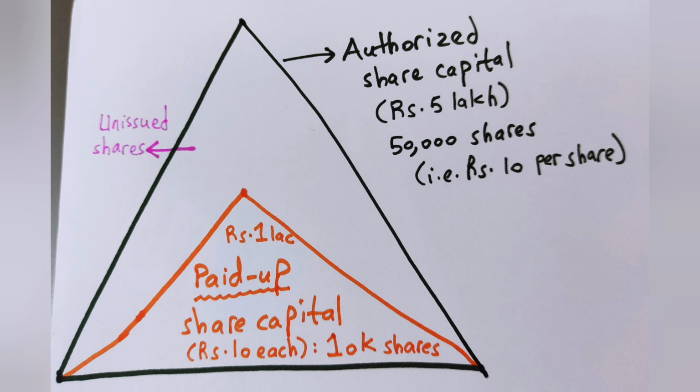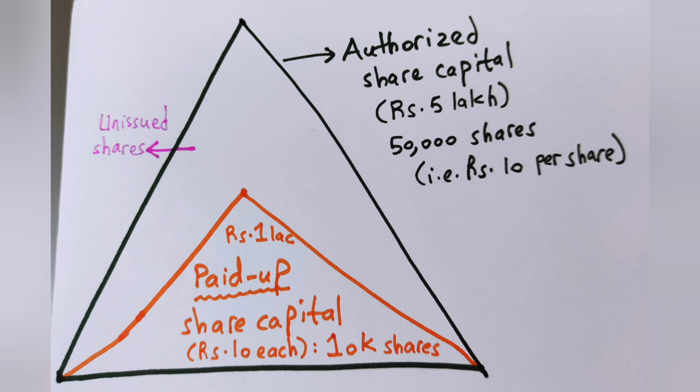That does not mean that initially you have to have that amount of cash in your hand when you're starting out. That simply means that that is the limit, that is the maximum number of shares that your company can ever issue. So it's always a good idea to have some sort of figure in mind as to how much authorized share capital you want to set. And like I said, it's always also possible to change this.